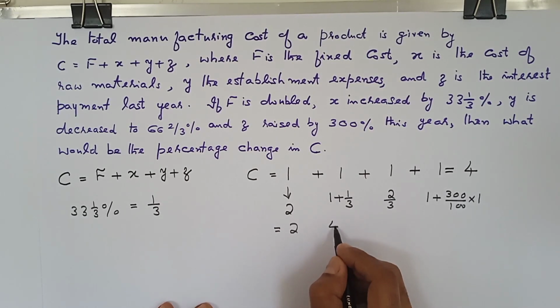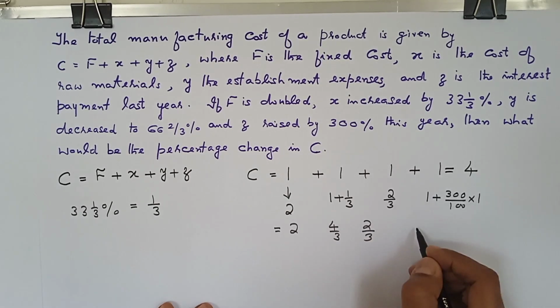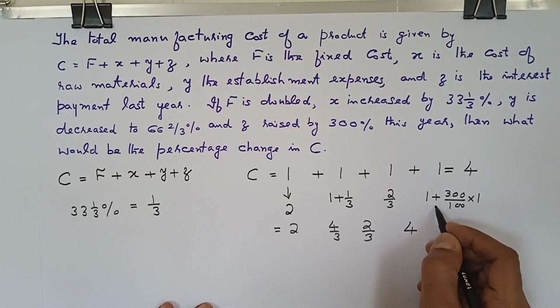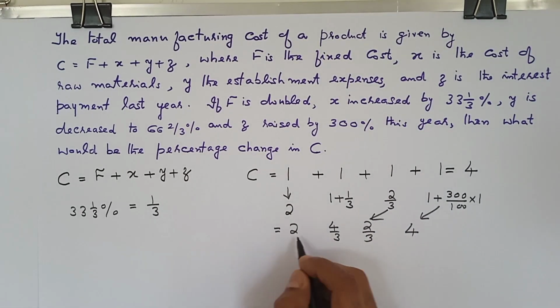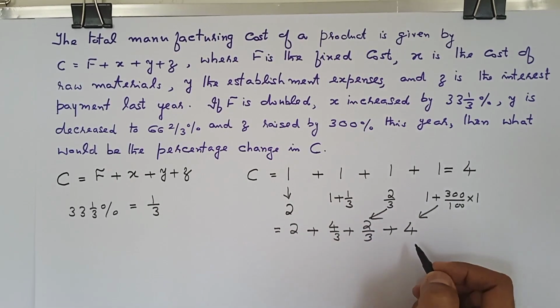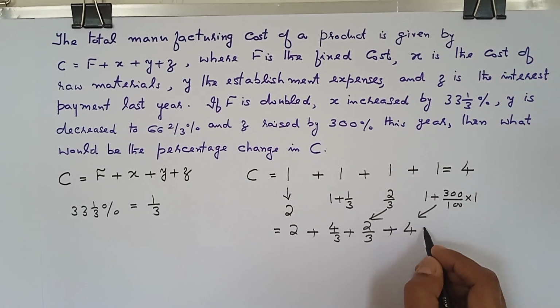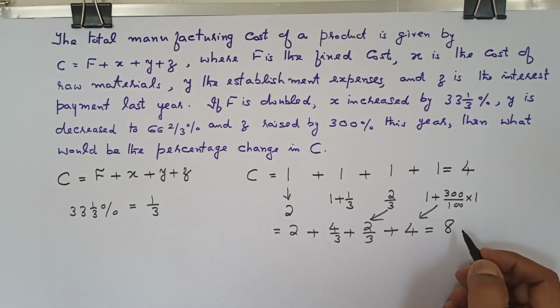This on simplification is 4 by 3. This is 2 by 3, and this will be 1 plus 3, which is 4. Now, these are the new values of the variables. Let's sum it up. Simplify yourself. You will get it as 8.